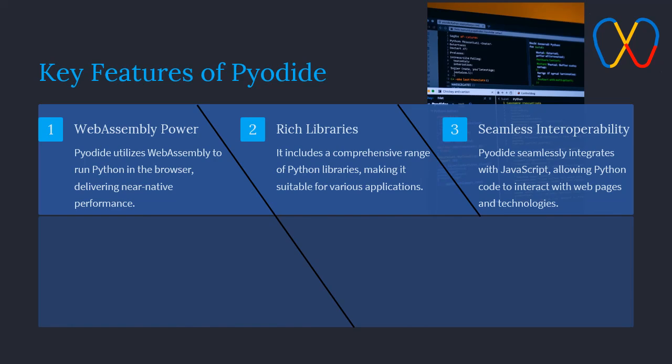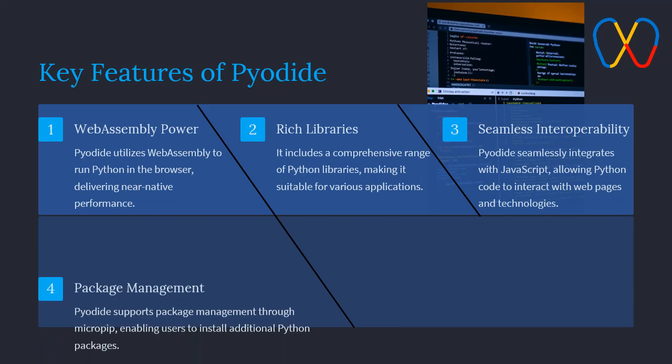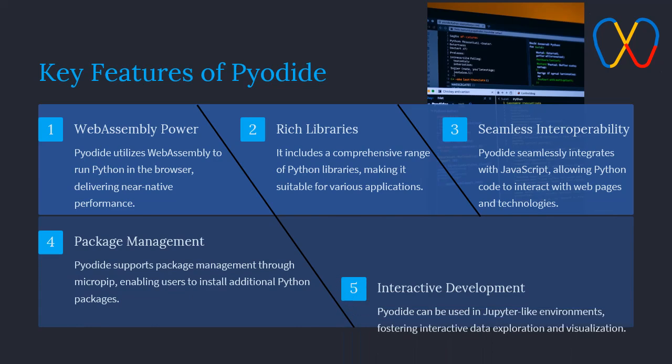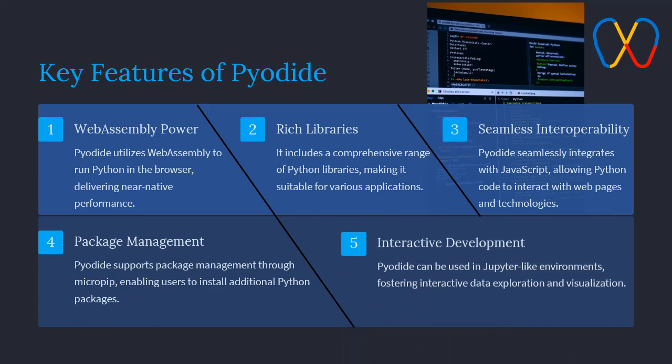Package management. Pyodide supports package management through micropip, enabling users to install additional Python packages. Interactive development. Pyodide can be used in Jupyter-like environments, fostering interactive data exploration and visualization.